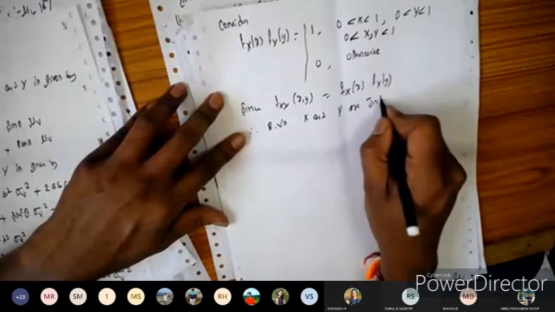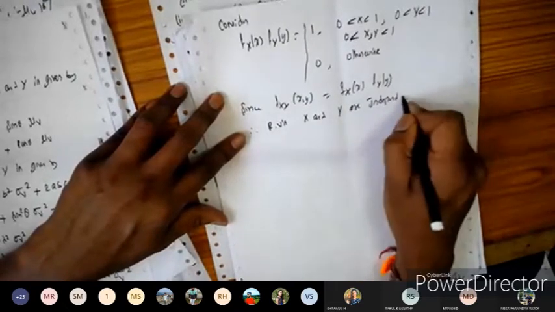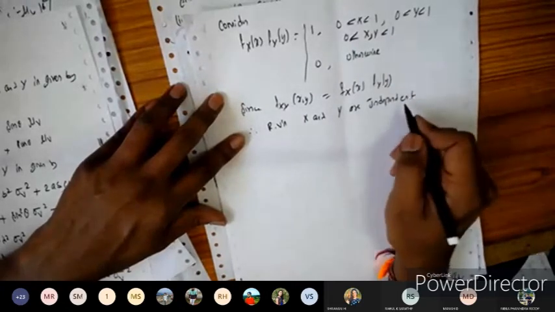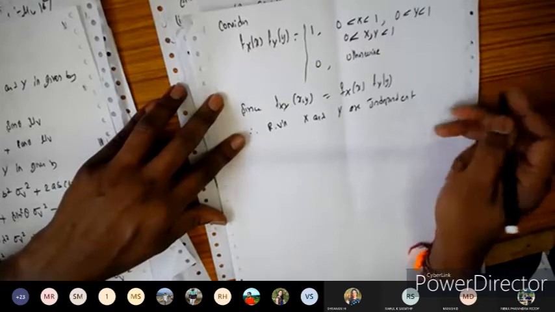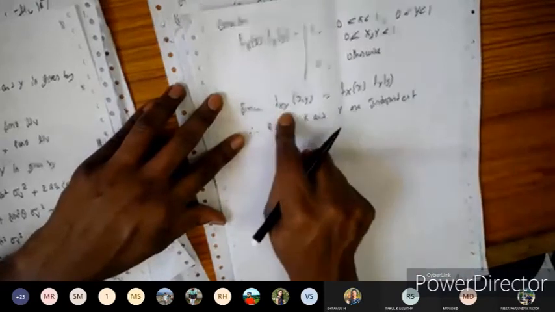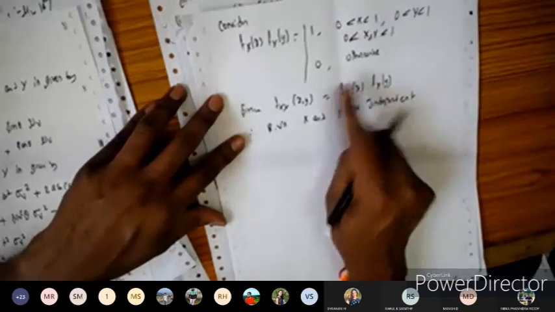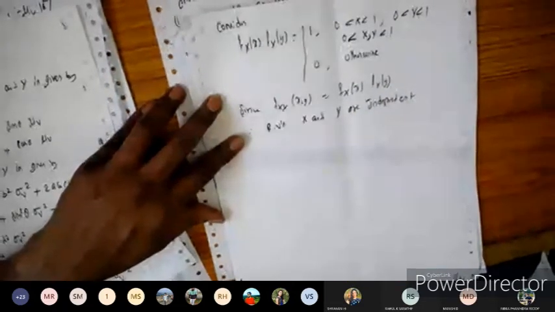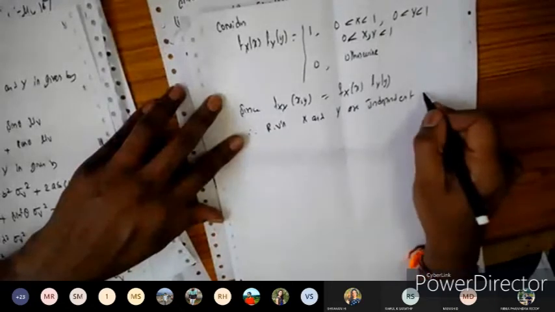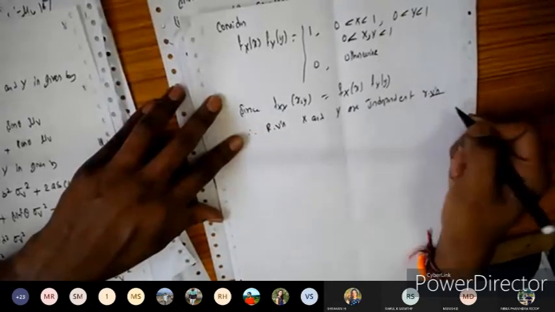When you are finding the PDF, we say it is independent. When we are finding the covariance, we can say they are uncorrelated. So random variables X and Y are independent random variables here.